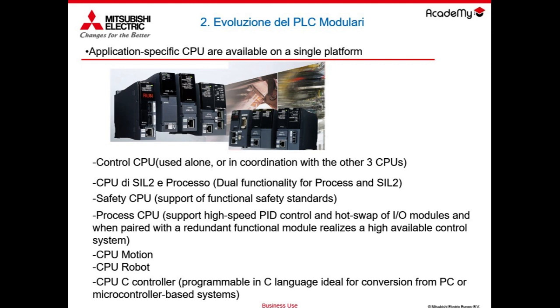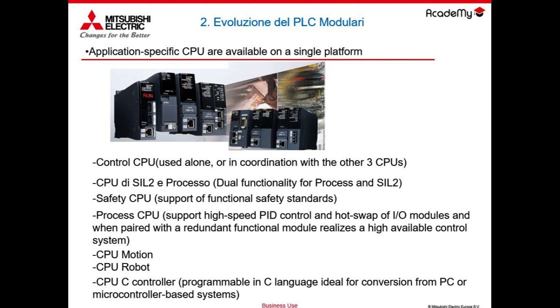The second takes control from the first, from the moment when the first has a functioning interruption. The process and safety CPU SIL 2, according to the standard IEC 61508, is used in a redundant system, so dual functionality.